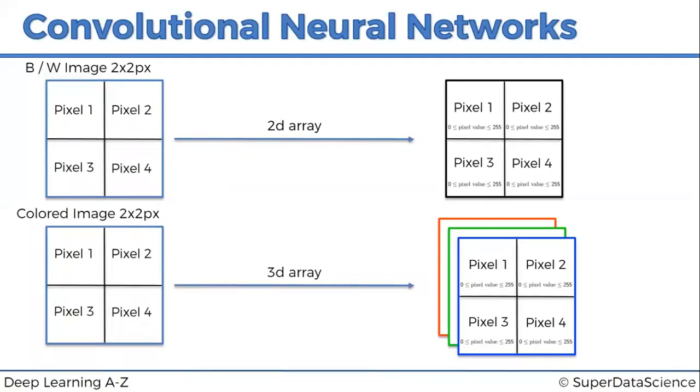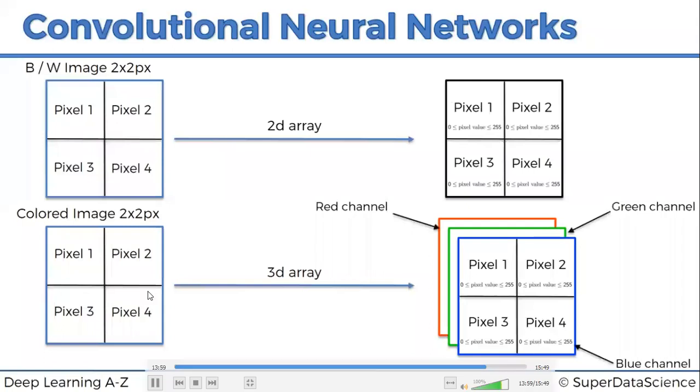By combining those three values, you can find out exactly what color the pixel is. Computers work with that. That's the red channel, the green channel, the blue channel.